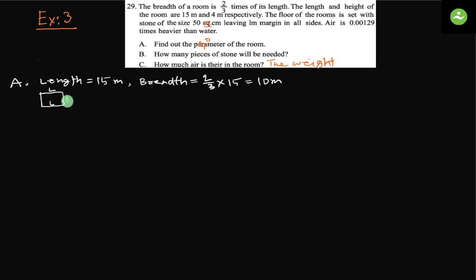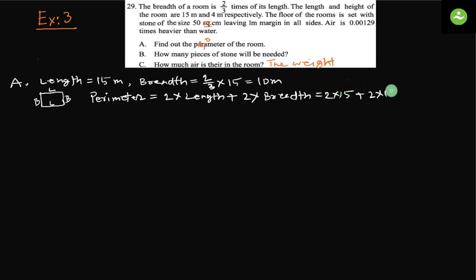So perimeter equals 2 into length plus 2 into breadth, equals 2 into 15 plus 2 into 10, equals 50 meters.